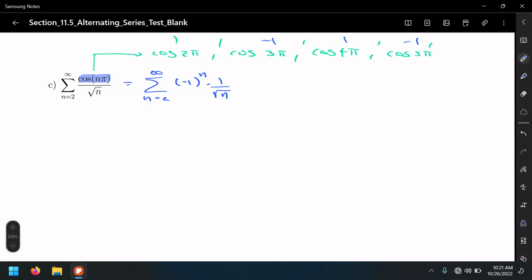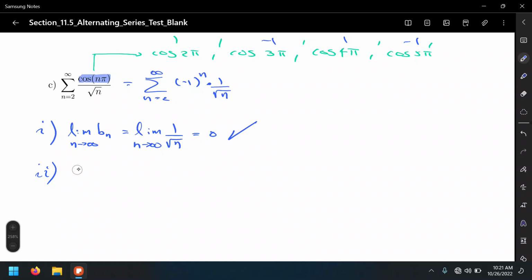So let's check the first condition. The first condition is the limit as n approaches infinity of b sub n, that is, the limit of 1 over the square root of n as n approaches infinity, equal to 0. Well, in this case it is 0, right? 1 over a really big number is 0. The second condition: is this a decreasing sequence?